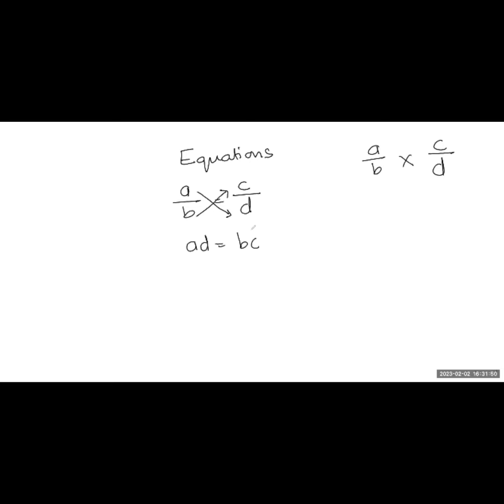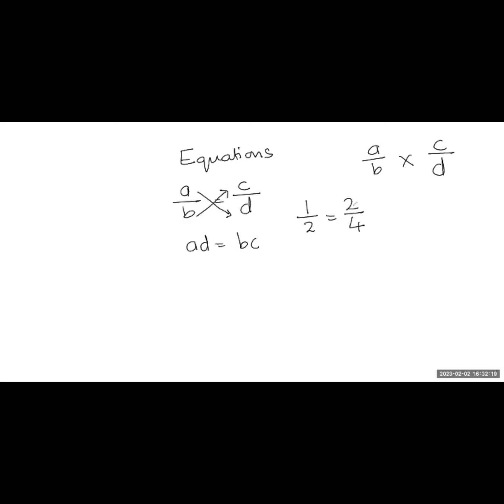So cross multiplication, equal to sign; cross canceling, multiplication sign. This is so important. Do not mix them up. When we're multiplying, we don't cross multiply. When we see the cross here, it's very easy to mistake these two rules. We go straight: A times C, B times D. And for example, 1 over 2 is equal to 2 over 4.